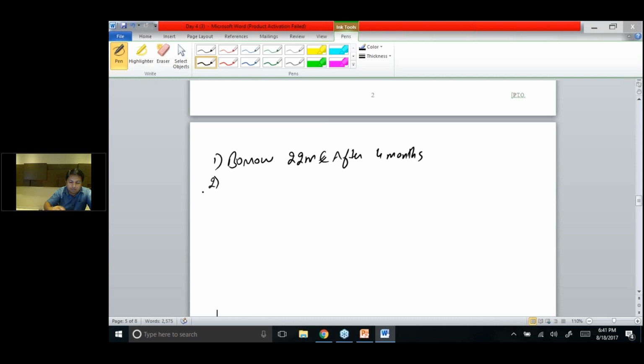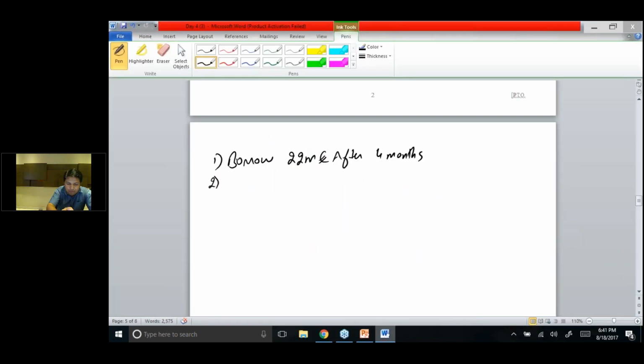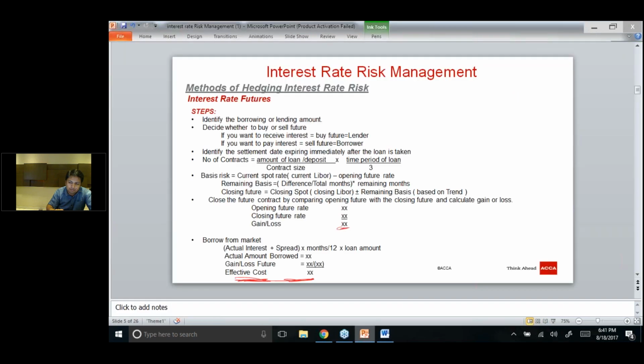Okay, the second step will be decide whether to buy or sell future. Definitely it's a case of borrowing. That means you have decided that you are going to sell future.